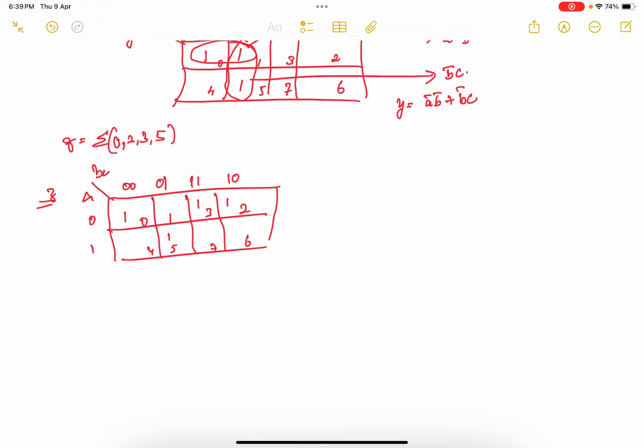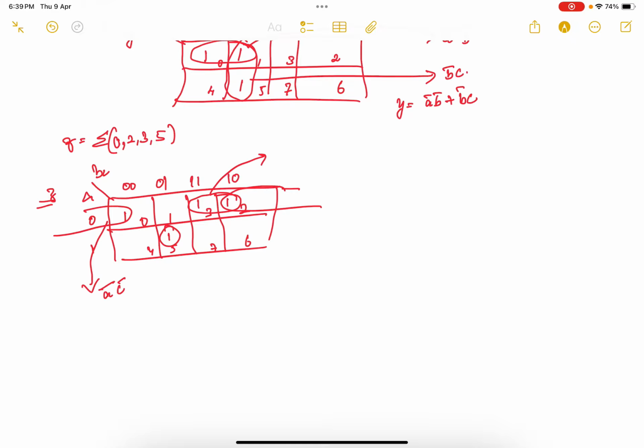So how will you group this? This is one pair and this is another pair, two pairs, and this one is single. When I talk about this pair, it is A bar, and in these two the common term is C bar.